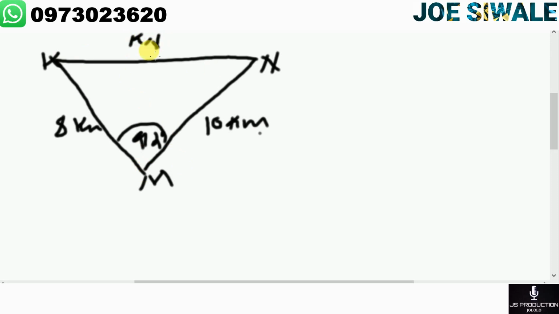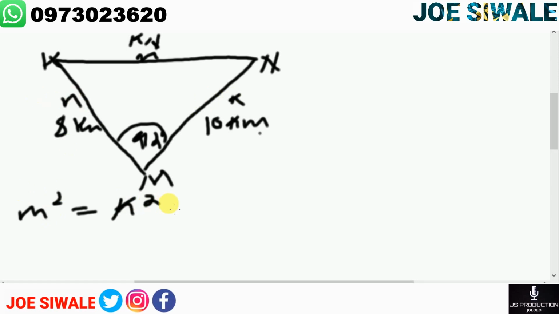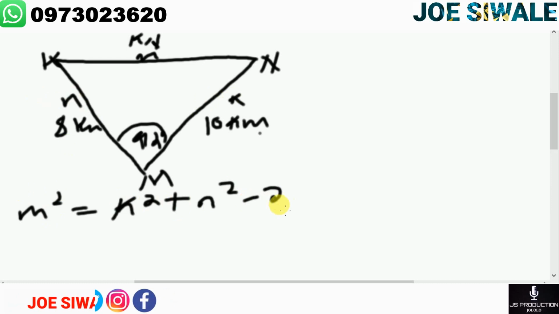So for KN, as you can see, we have two sides here, and these sides are touching this angle. So this means I can say, let me just put my small letters here: there's m, here there's small letter k, and here there's small letter n. So I'm going to say m squared is equal to k squared plus n squared minus 2kn cos m.